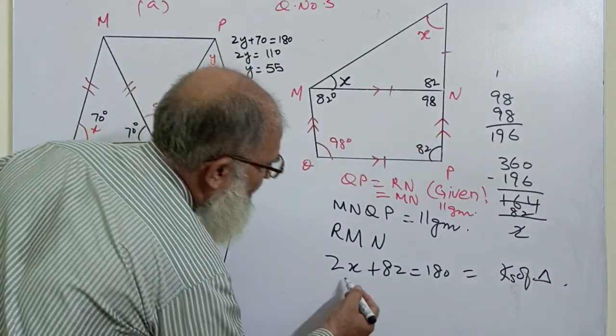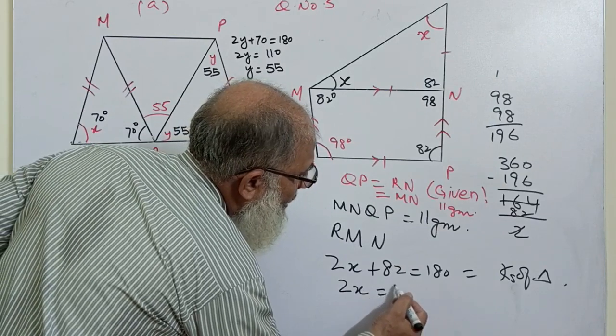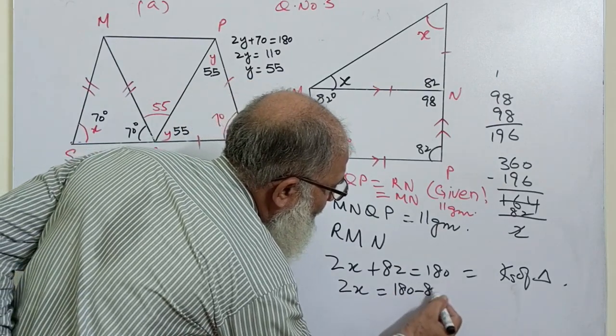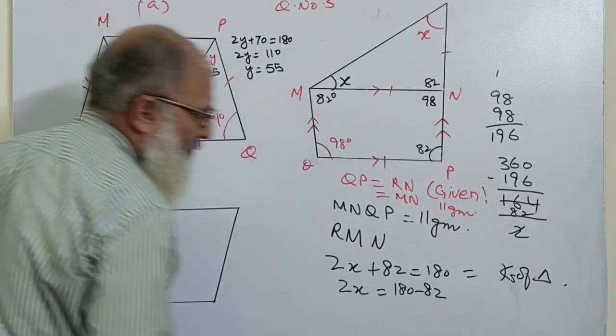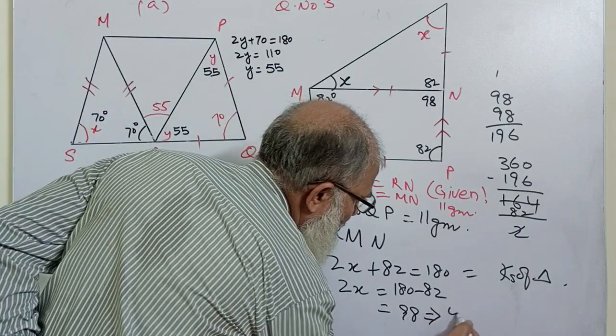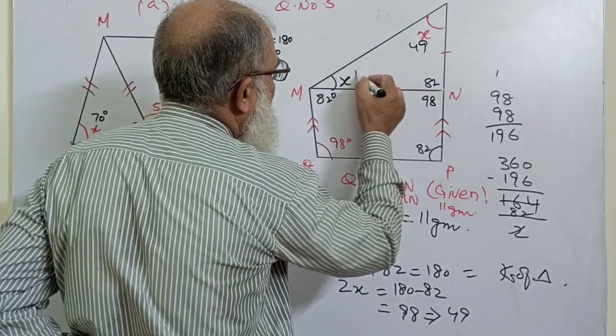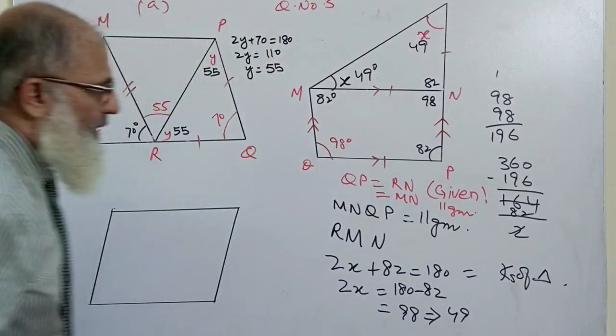So 2x is equal to 180 minus 82, that is equal to 98, and that will be equal to 49 degrees. X is equal to 49 degrees. Now this is equal to 49 degrees and this is equal to 49 degrees.